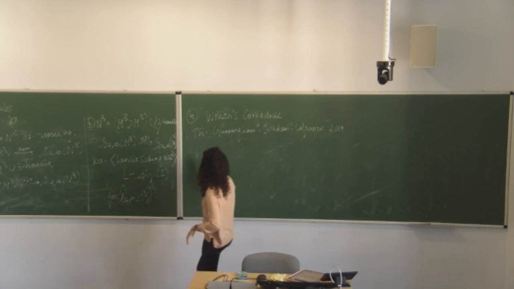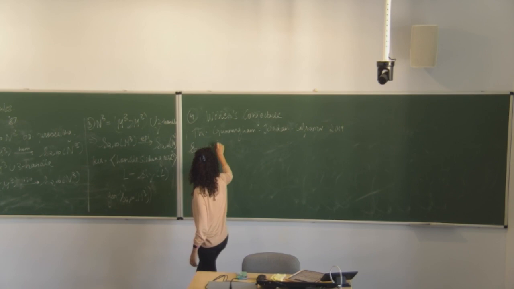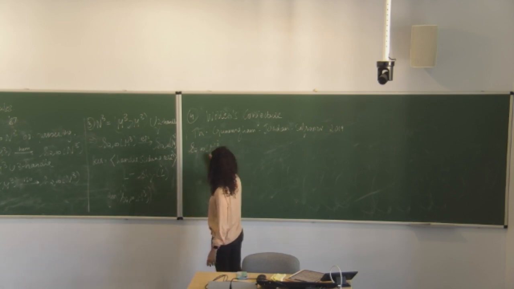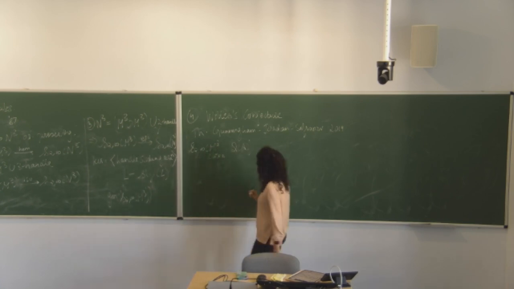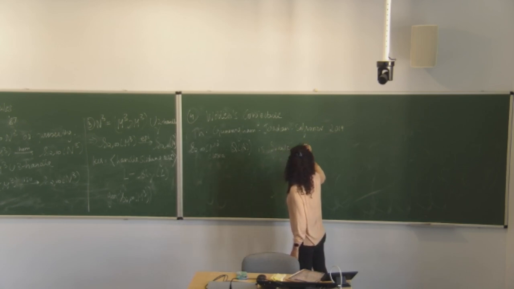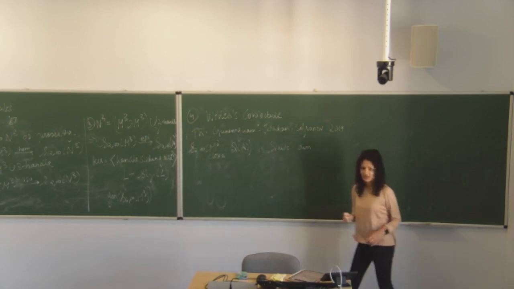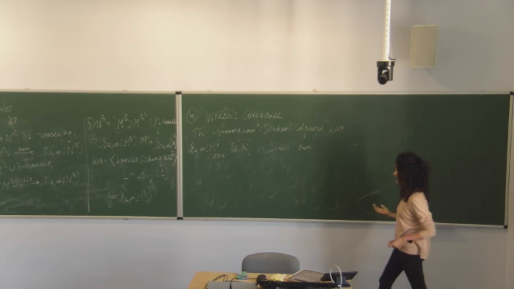And the theorem says that the skein module of a closed oriented 3 manifold over the field of rational functions is finite dimensional. So over the field of rational functions, our skein module is finite dimensional.